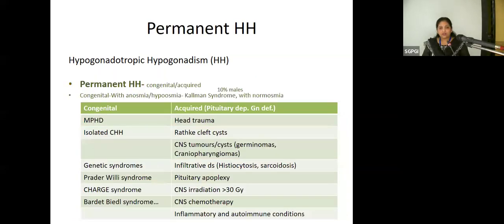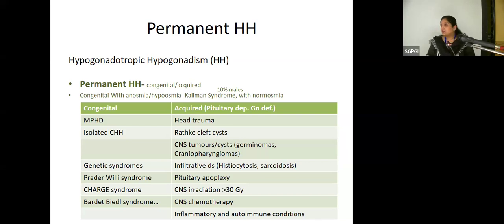The third one is permanent hypogonadotropic hypogonadism. It can be congenital or acquired, complete or partial. Partial means the child starts puberty at the normal age of onset, but either there is poor progression of puberty or the puberty gets arrested. Congenital HH can be associated with anosmia or hyposmia, where it is called Kallmann syndrome, or with normosmia.